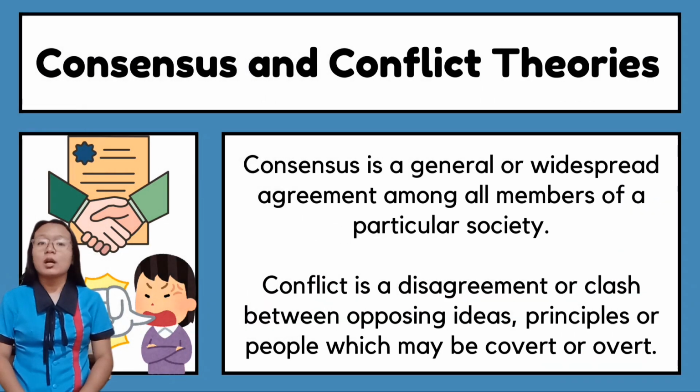Consensus is a general or widespread agreement among all members of a particular society. Conflict, on the other hand, is a disagreement or clash between opposing ideas, principles, or people which may be covert or overt.